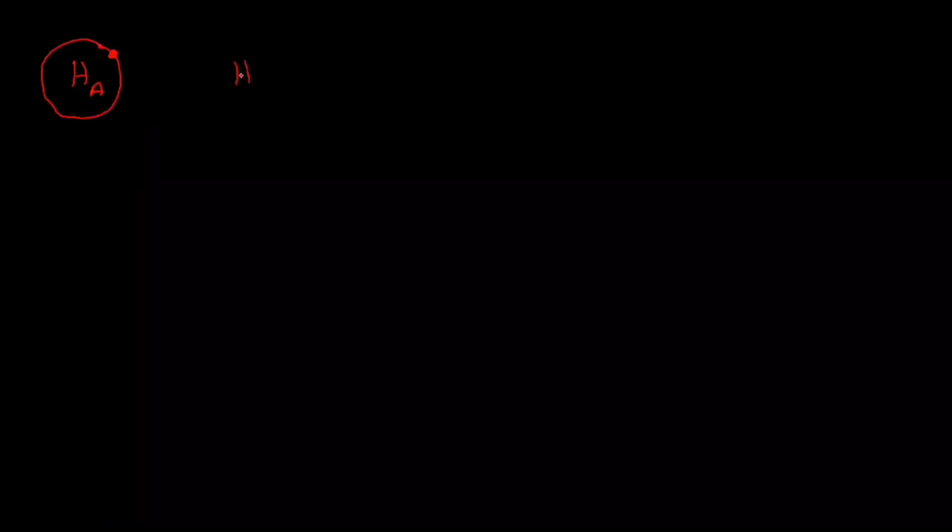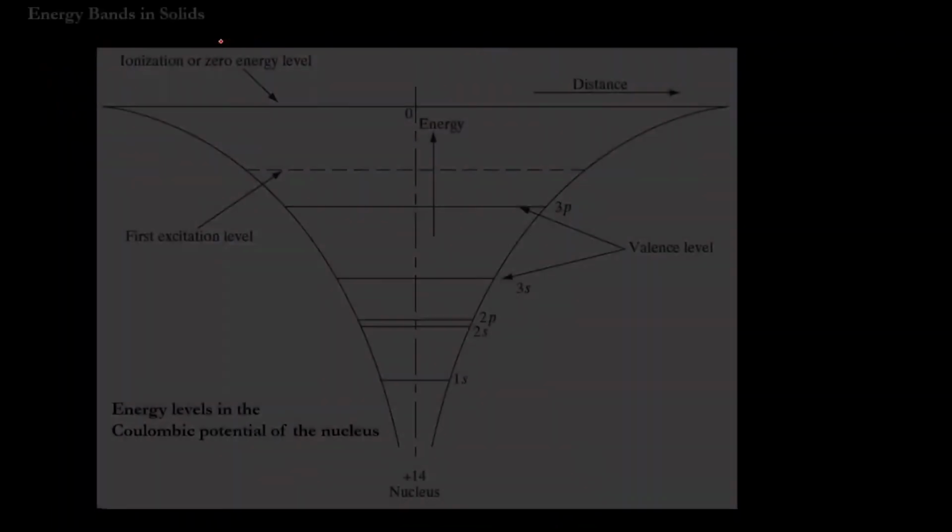Consider a hydrogen atom again. Hydrogen A has only one electron, and hydrogen atom B has another single electron. So look at this diagram.